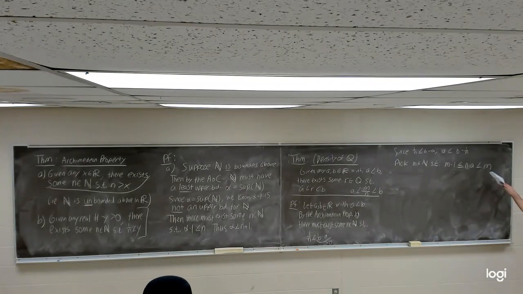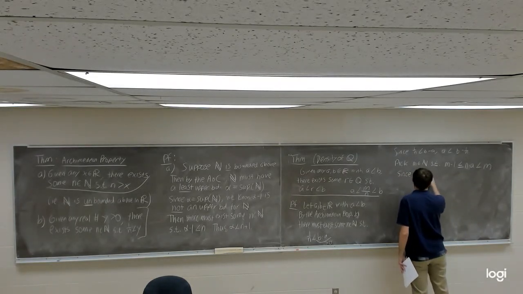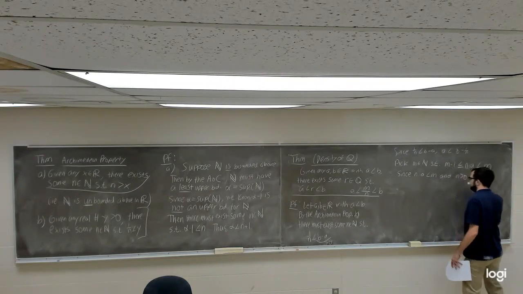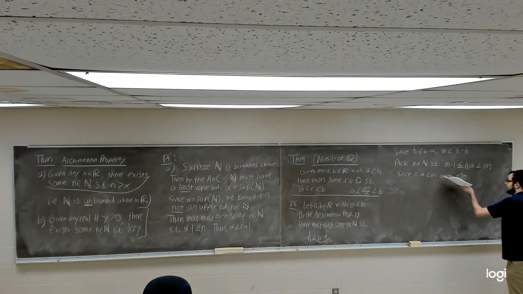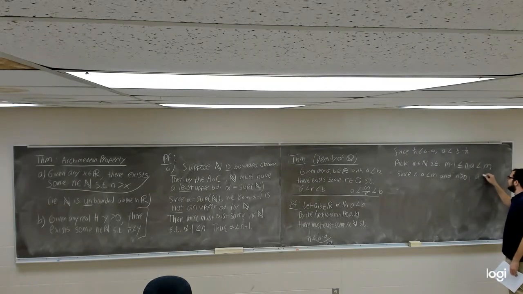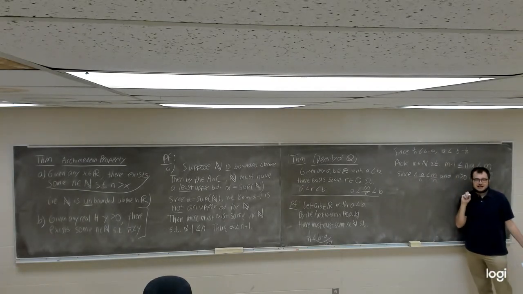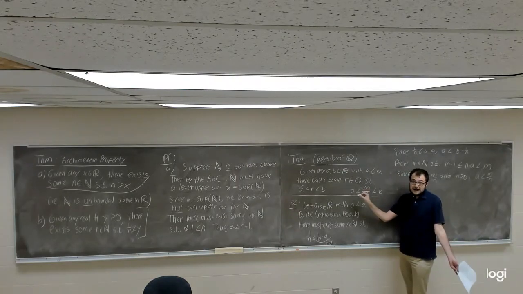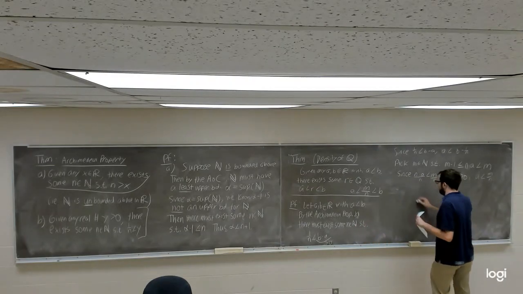Well, first of all, if we just use this right half, the fact that n times a is less than m, we can immediately say that since n times a is less than m, and n is greater than 0, because all natural numbers are positive, we can divide both sides of this inequality by n to get a is less than m over n. So that's one of the two things we wanted, that m over n is strictly greater than a. We also need to show that it's strictly less than b. And to do that, it's going to involve a little more work.